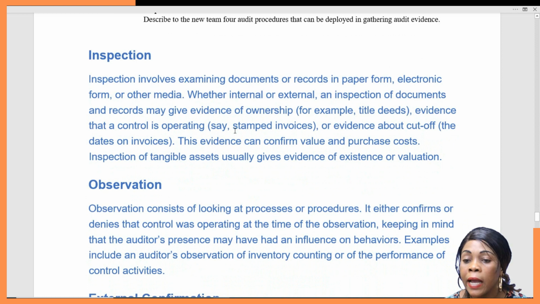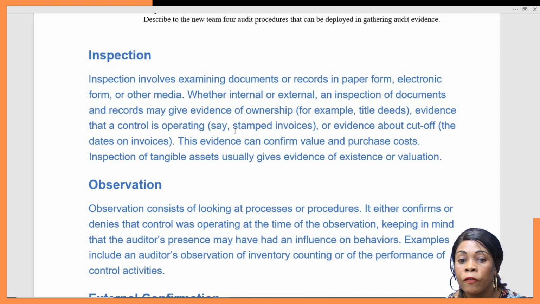The first procedure is inspection. Inspection involves examining documents or records in paper form, electronic form, or any other media. Whether internal or external, an inspection of documents and records may give evidence of ownership, for example, the title deeds.